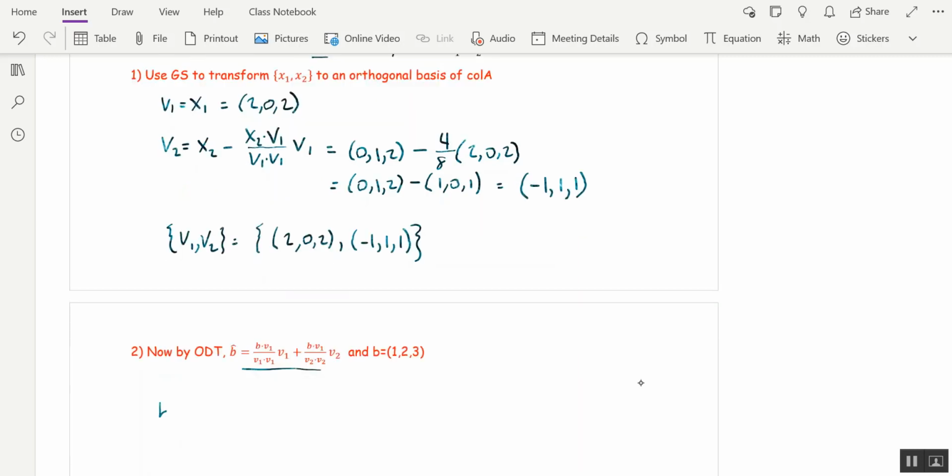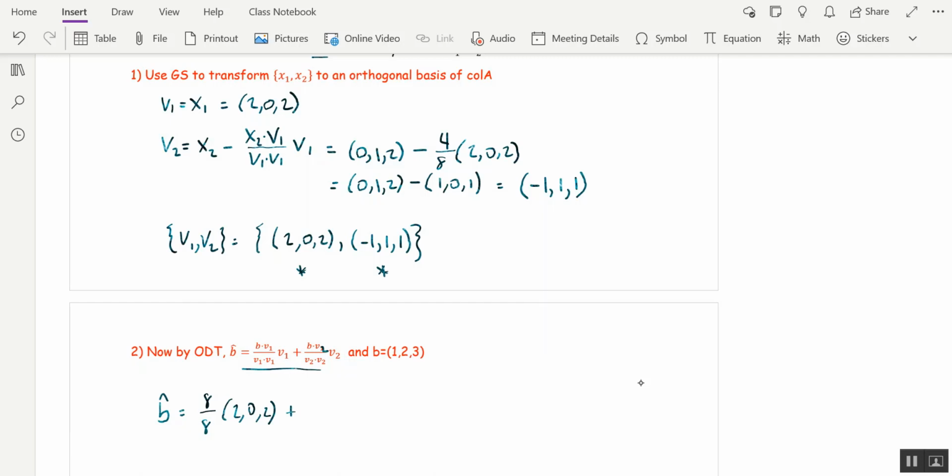So let's start computing. B hat is B dot V1, and I've got V1 and V2 up here. So B dot V1 is 8, V1 dot V1 is 8, and that's times 2, 0, 2. And then this is a typo.